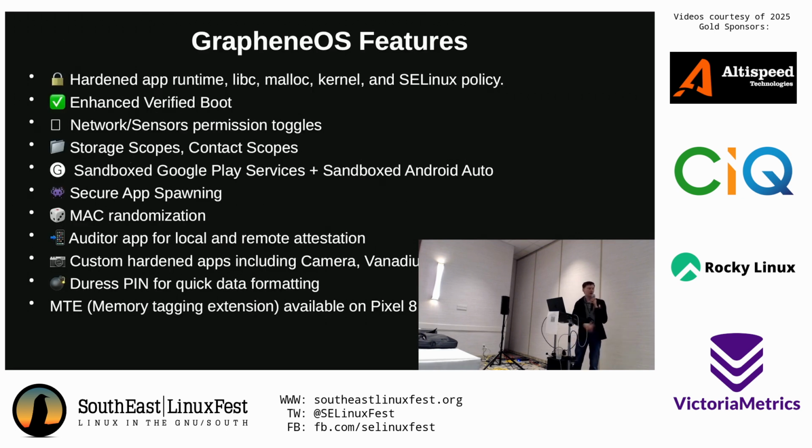So this is another list of the features. This is not exhaustive, but does go over quite a lot of the features. Like I just mentioned, the hardened app runtime. It has enhanced verified boot. It has network/sensor permission toggles. It has storage scopes, contact scopes. It has sandboxed Play services and sandboxed Android Auto. It has secure app spawning. It's got MAC randomization.